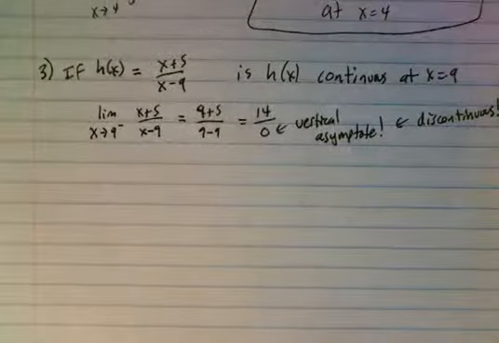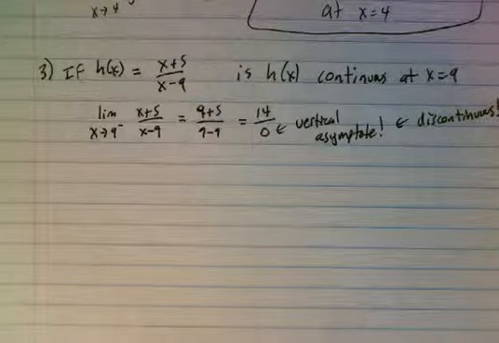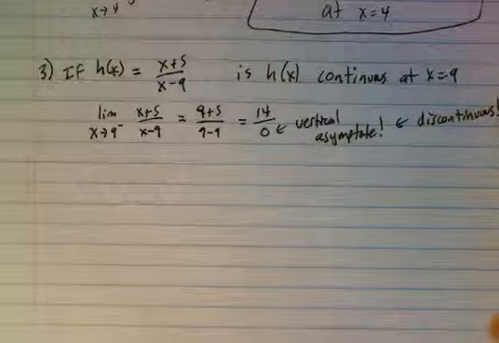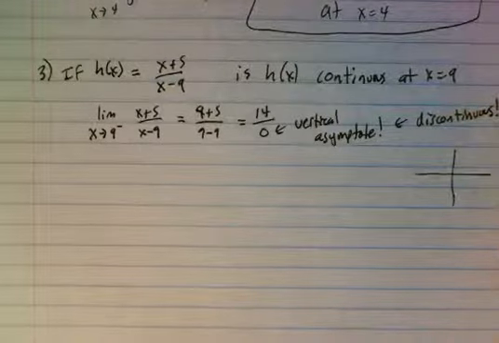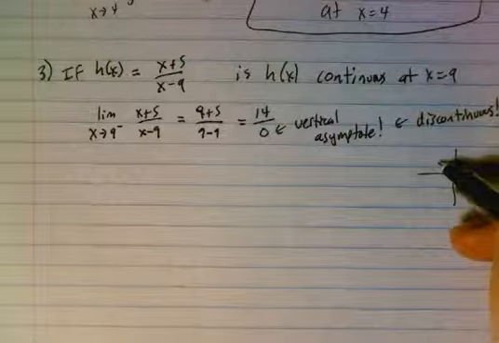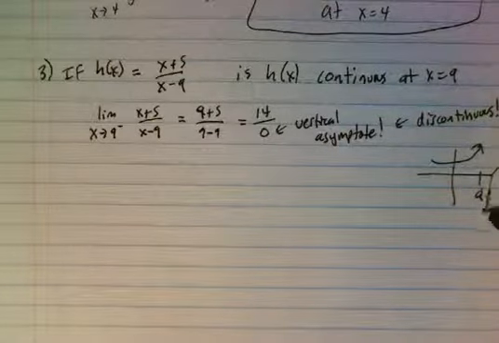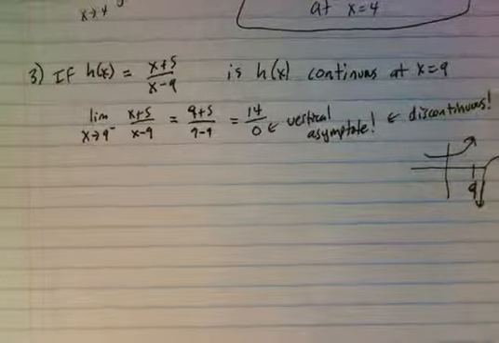Just because there's a value for x that has no y, right at that x equals 9, it's going to be discontinuous. Basically what's going on is it looks something like this. There's a discontinuity right here.